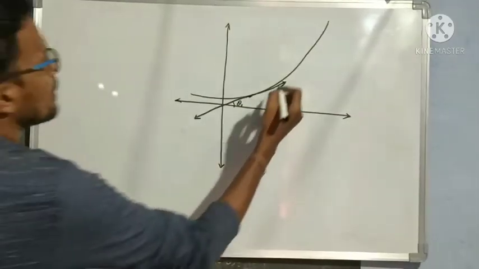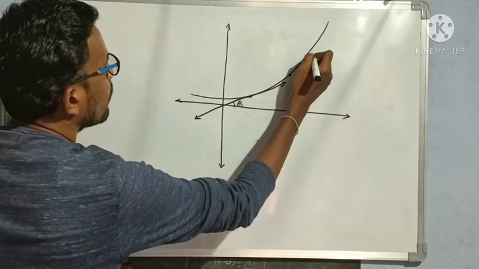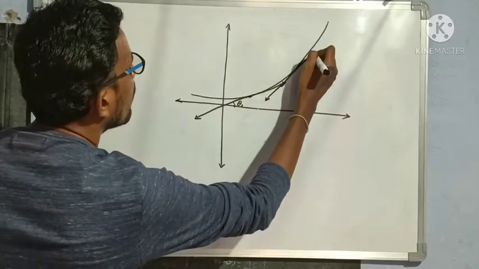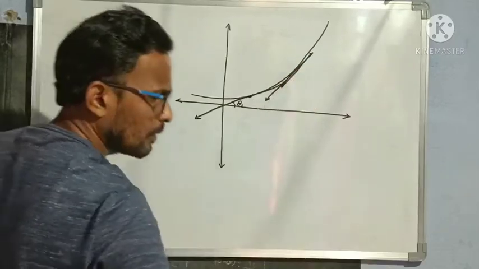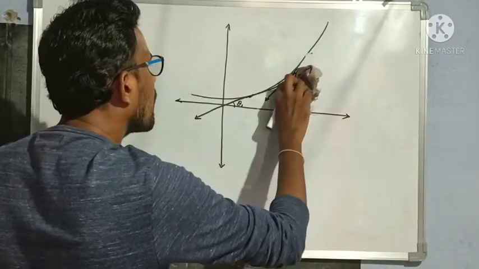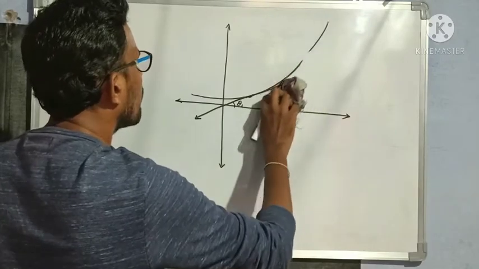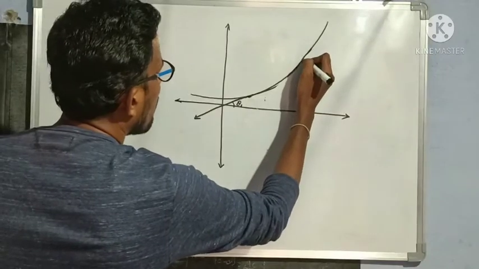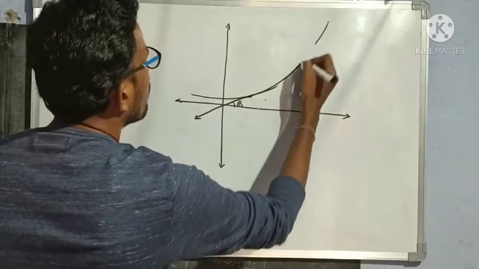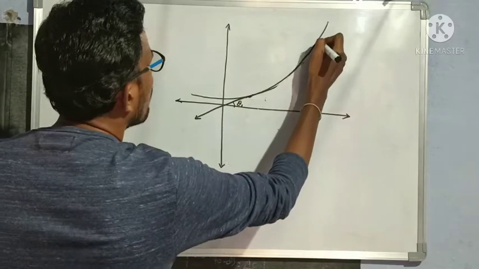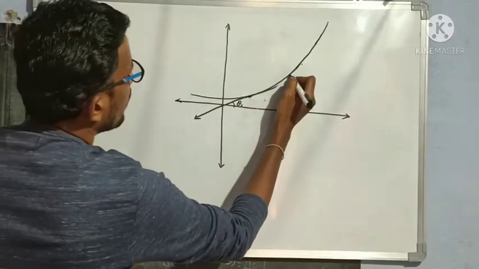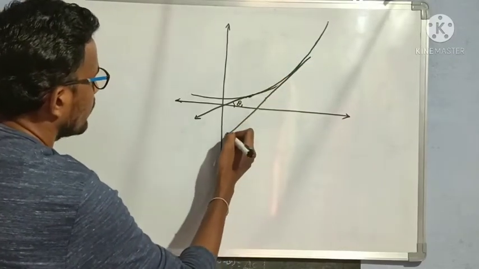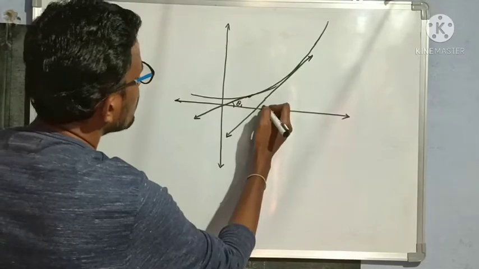For suppose I am taking the tangent from this point now. Let me extend this one. Now this is the tangent. Now this becomes the angle theta 2.